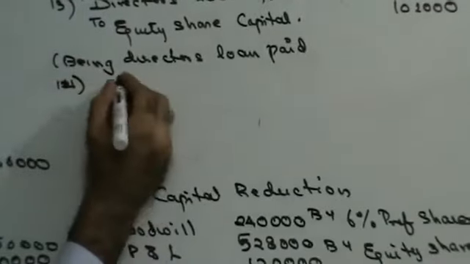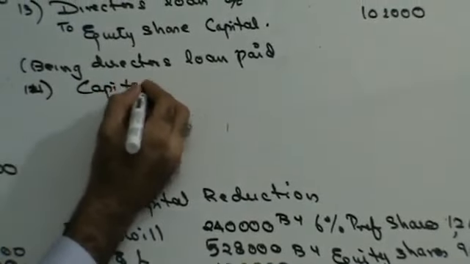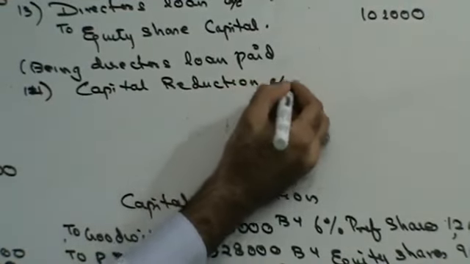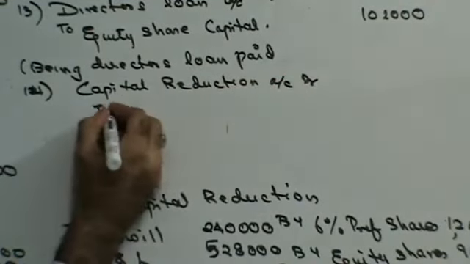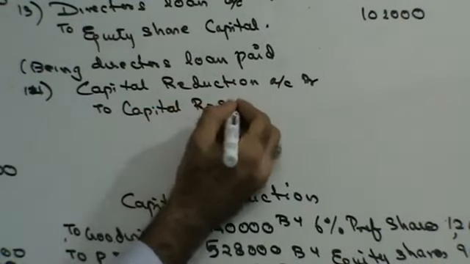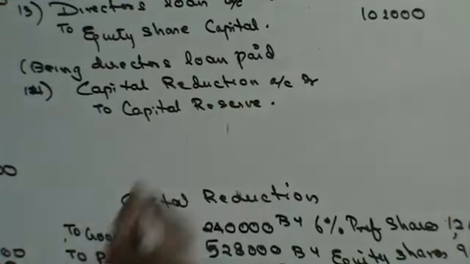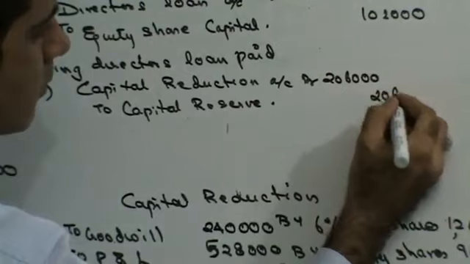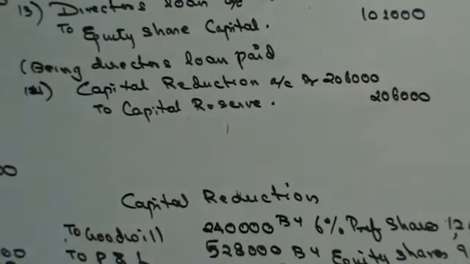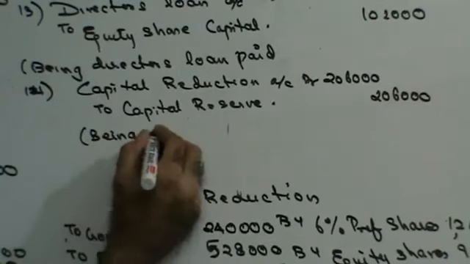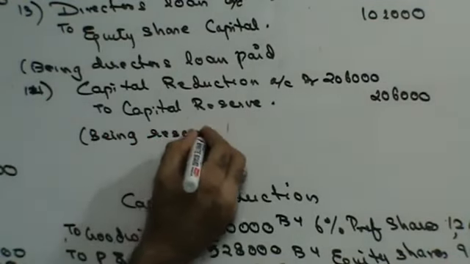So this will be capital reduction account debit to capital reserve. Amount is 2,06,000. Being reserve used.